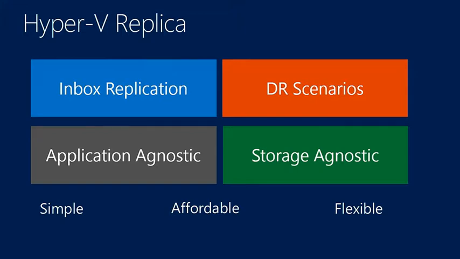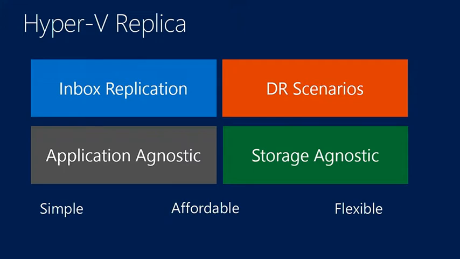So we wanted to make sure that we took no dependencies on storage whatsoever. But we also do not require any sort of similarity between the storage on the primary site and the recovery site. And this is really important because when I talk to people who are doing Replica for medium business, the deployment I see most often is they have a SAN in their head office.